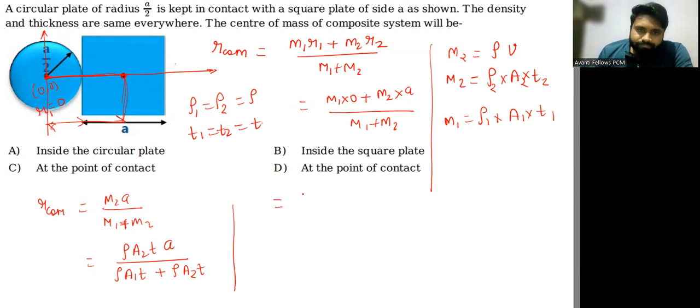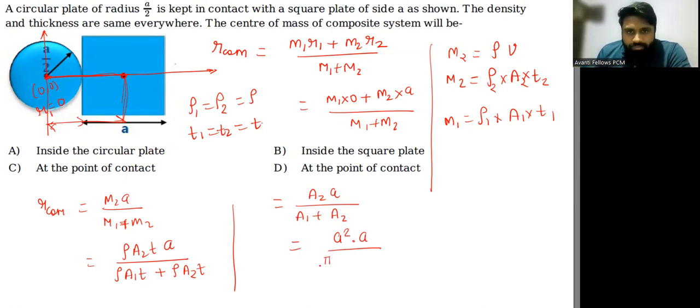So this will become a2 into a divided by a1 plus a2. Now it is very simple to calculate the area of this. A2 is the area of the square, so it will become a square. A1 is the area of this circle. So in terms of diameter, it is pi by 4 into diameter squared. So the diameter is nothing but a. So pi by 4 a square plus a2, the area of the square, is a square.